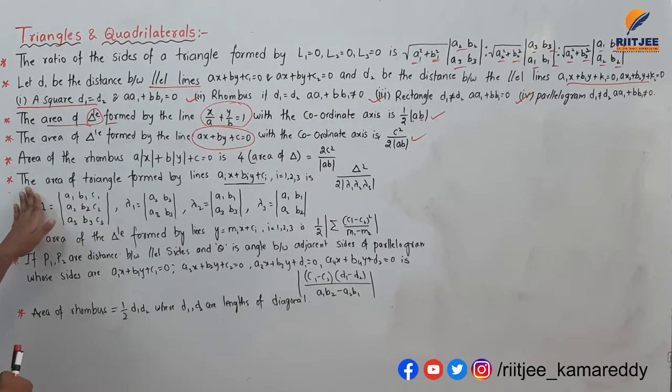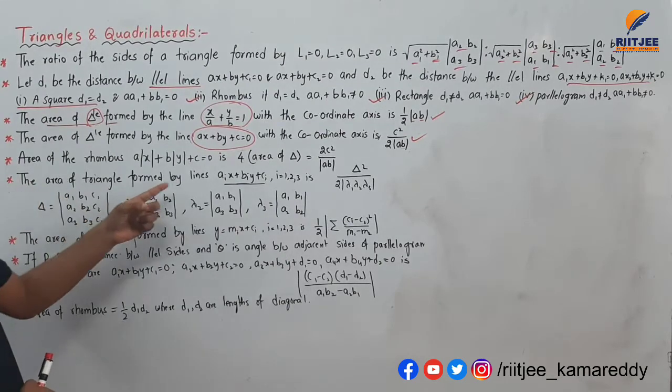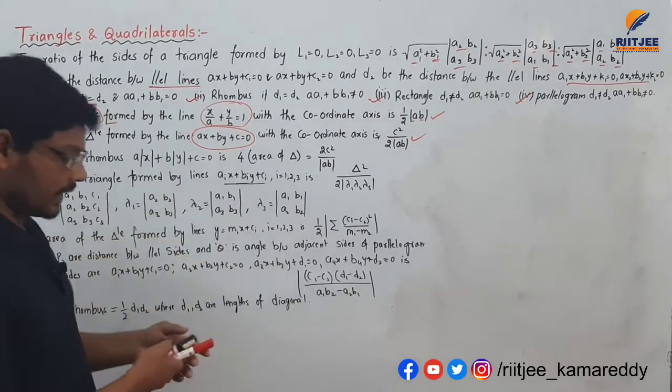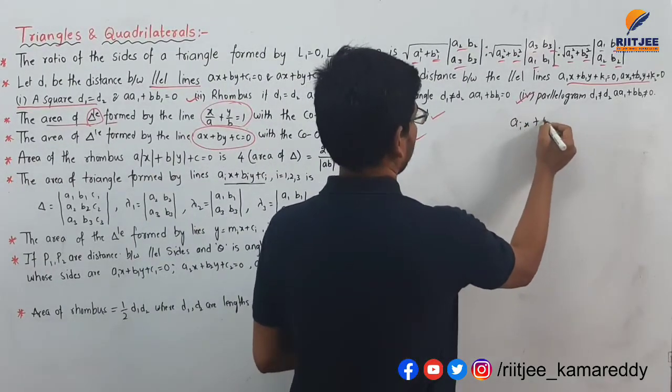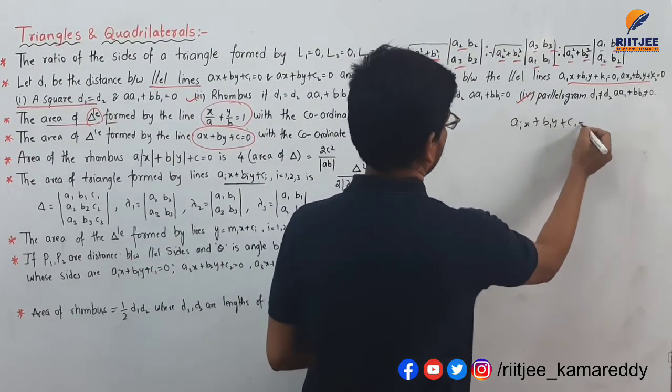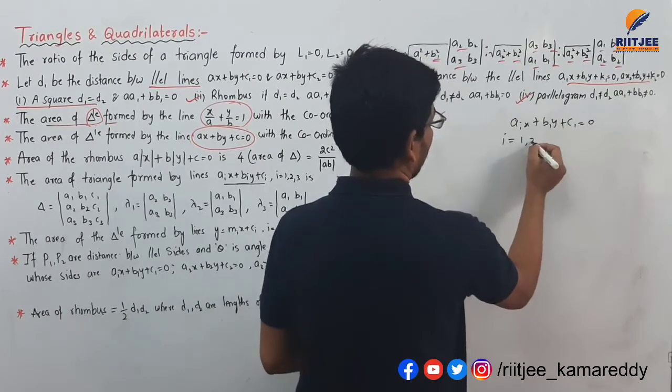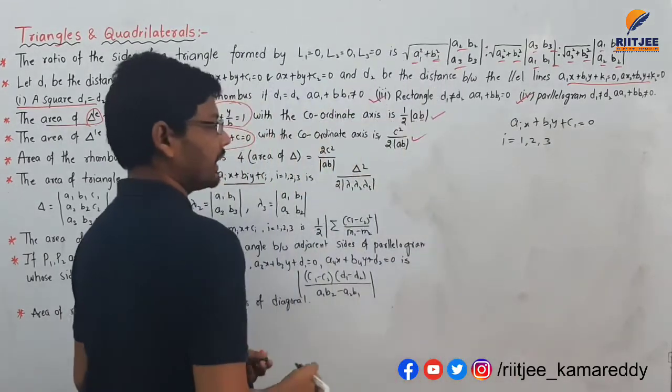And the next, area of the triangle formed by the lines AiX plus BiY plus Ci is equal to 0, where i is equal to 1, 2, 3. So I am taking a triangle here.